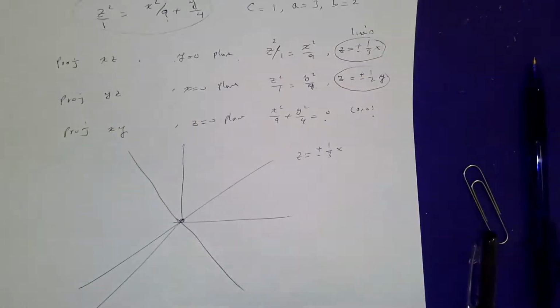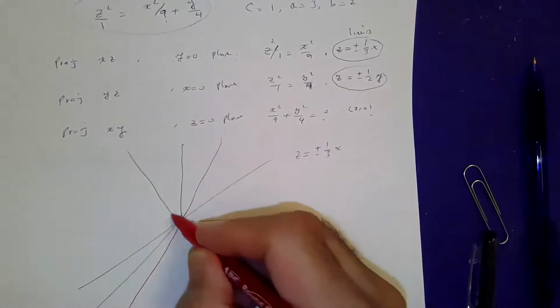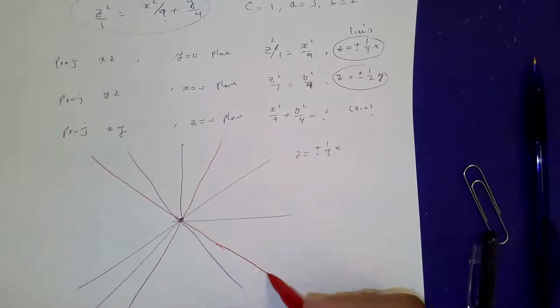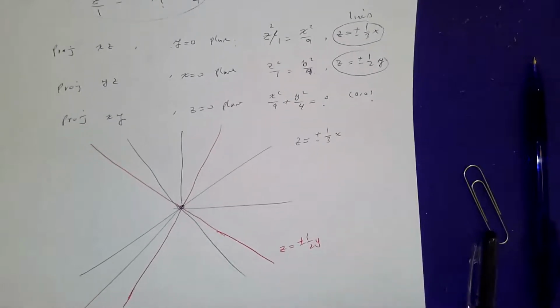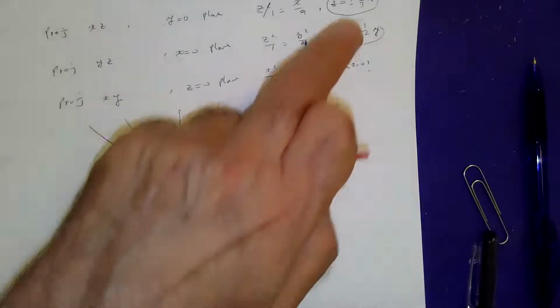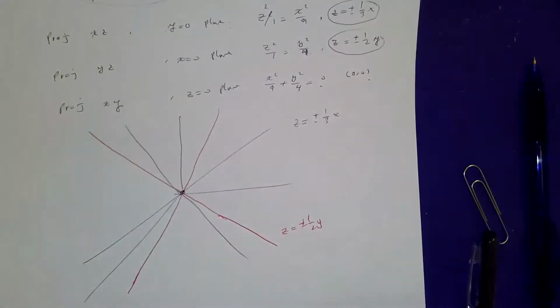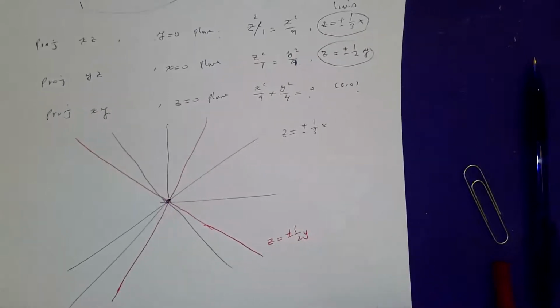So this would be like this guy, and let's say this guy. Okay, there. And this would be z equals plus or minus 1/2 y. So remember, the intersection of these planes with the surface is what? Two intersecting lines. Okay?